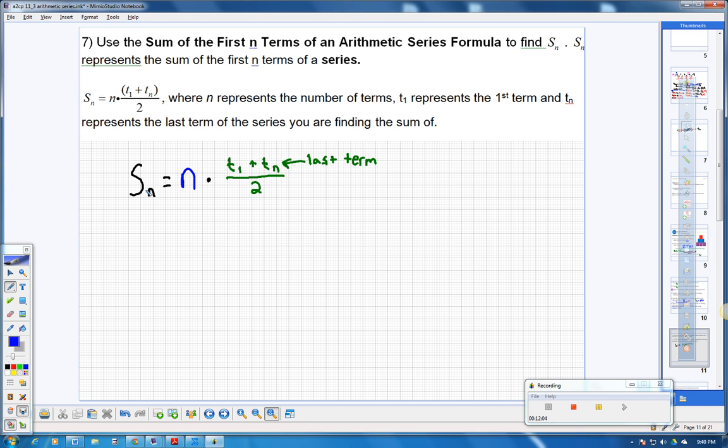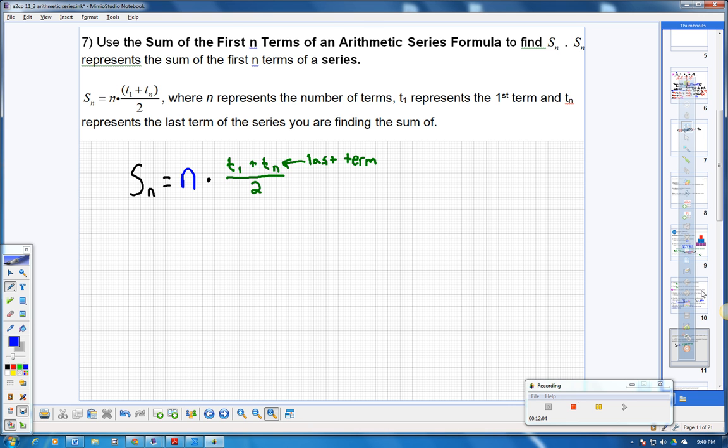So that formula is S sub n, and S sub n is just the sum of the first n terms. Is n times the average, that's in green right there, the average of the first and last term added together. So that's the first term plus the last term divided by 2.